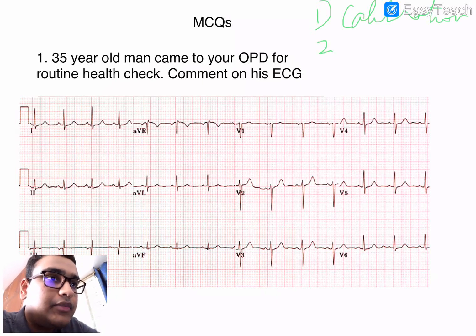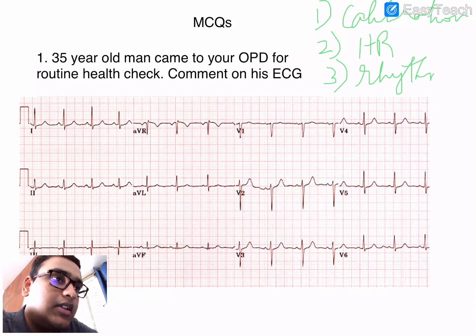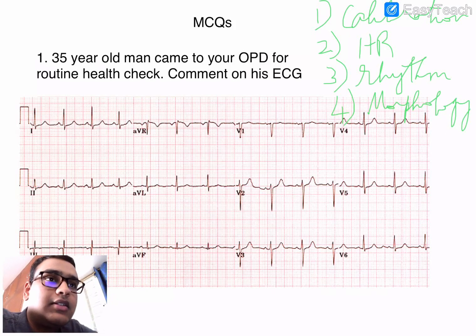The second point is to calculate the heart rate. The third point is to look for rhythm, whether it is regular or irregular. And the fourth is to look at each morphology. If you go point-wise in this form, you won't miss any abnormalities in the ECG.